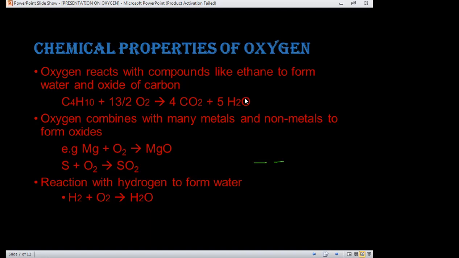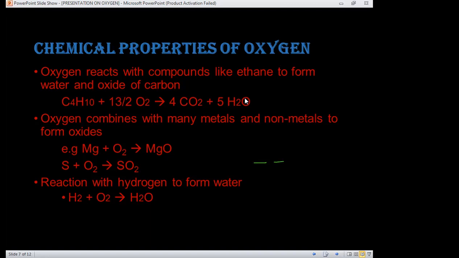Another important chemical reaction of oxygen is reaction with metals and non-metals. Oxygen is just so unique that it can react with both metals and non-metals to form what we call oxides. By definition, an oxide is a chemical compound made up of only oxygen and any other element.